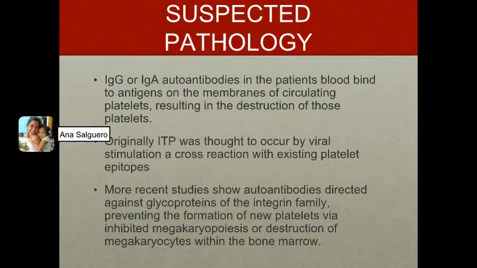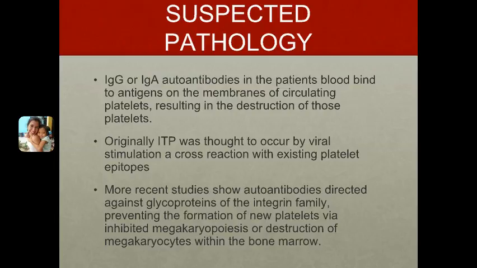The suspected pathology of ITP includes IgG or IgA antibodies in the patient's blood that bind to antigens on the membranes of the circulating platelets, therefore destroying them. Originally, ITP was thought to occur by viral stimulation, resulting in a cross-reaction with the existing platelet epitopes.